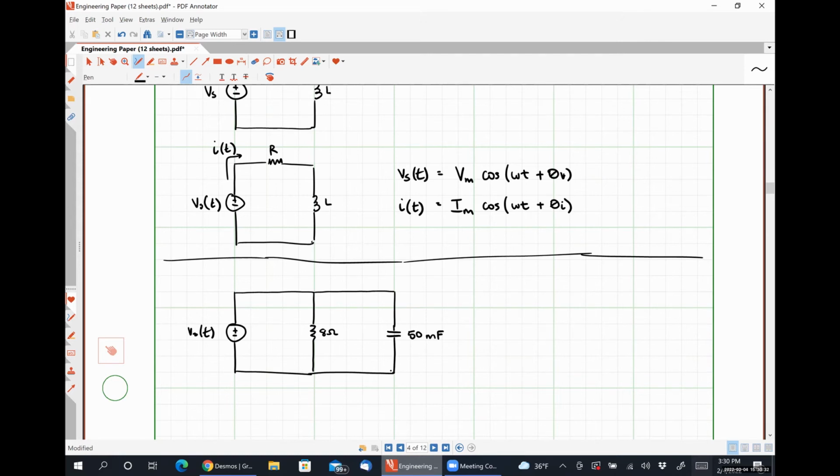What I want to determine is the current Is of t leaving the voltage source. I am going to say that my excitation voltage, Vs of t, is 12 cosine 5t plus 10 degrees volts. Okay.